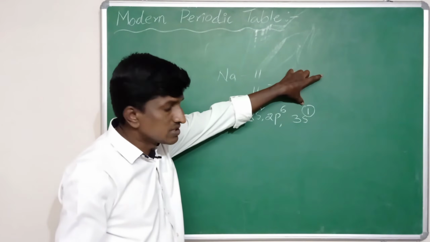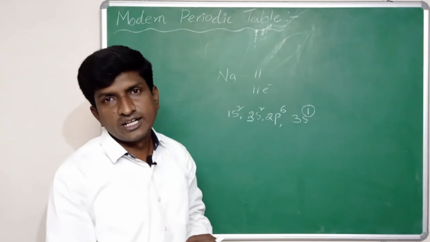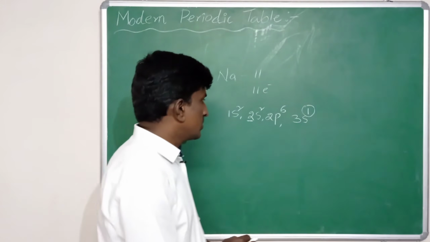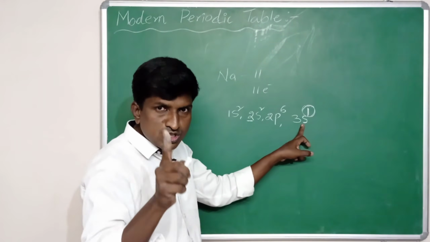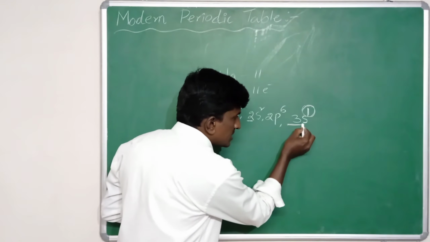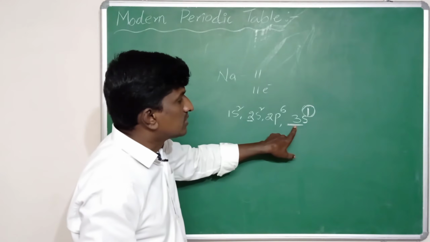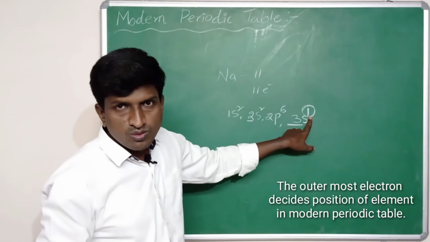This differentiating electron decides the position of the element in the modern periodic table. So here sodium belongs to first group, and the outermost shell decides its period. So sodium belongs to third period and first group.